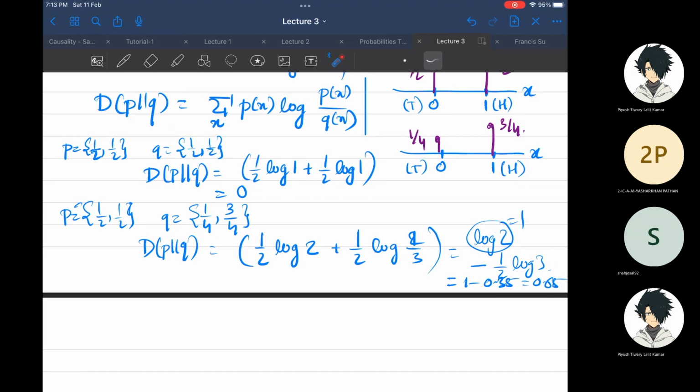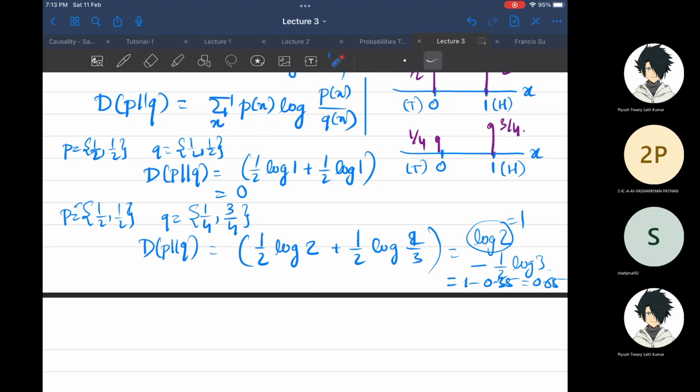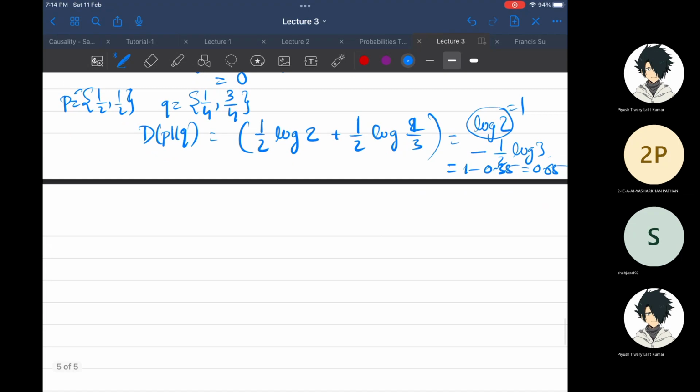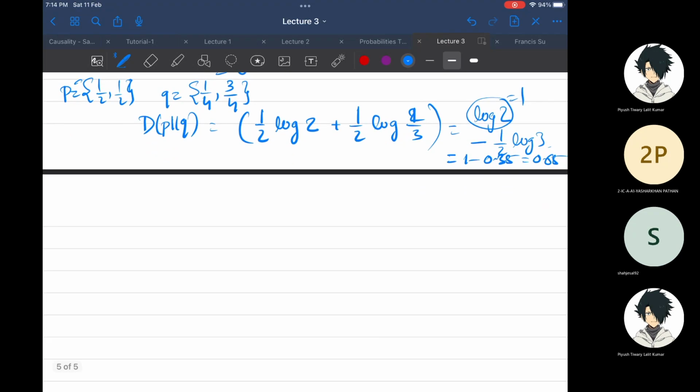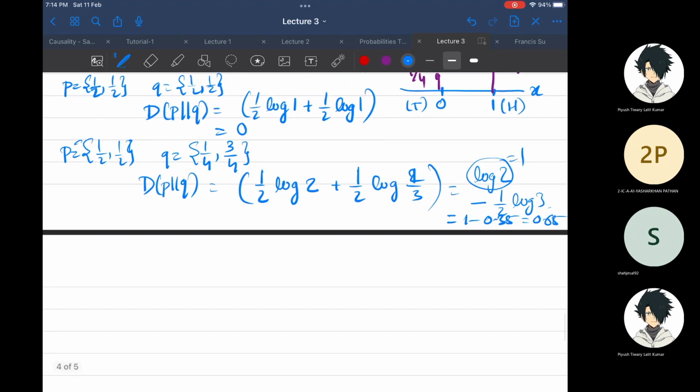It is not a formal justification, but nonetheless, I hope from this example you will agree that if P and Q are the same, this term will always be equal to 1, and hence this log term will always be equal to 0, and hence this summation will be equal to 0. And if they are not equal, you will get some positive number. In some sense it won't be 0, and hence it will tell you that they are far away from each other.